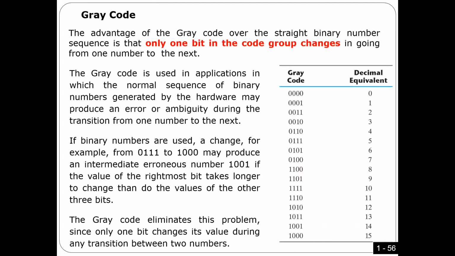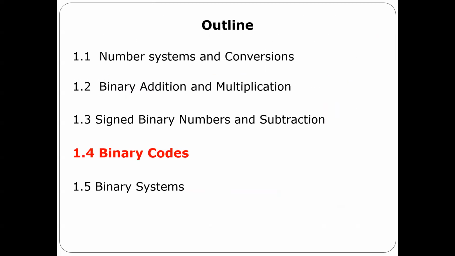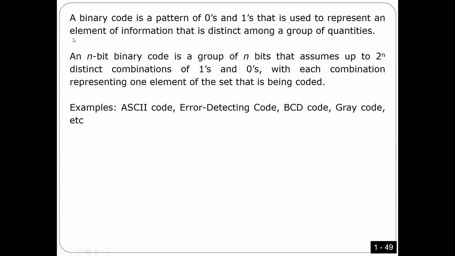The other thing I want to teach in this chapter before I move to the next chapter is a definition. This definition is about a binary code. So what does binary code mean? Let me see how I explain it, and then I'll give you some examples. Let's start with the first one.